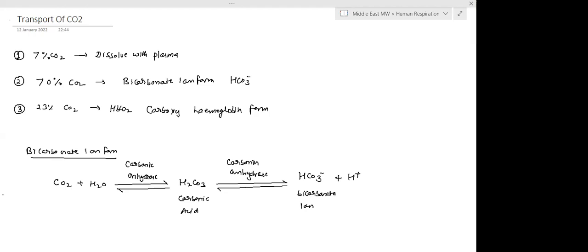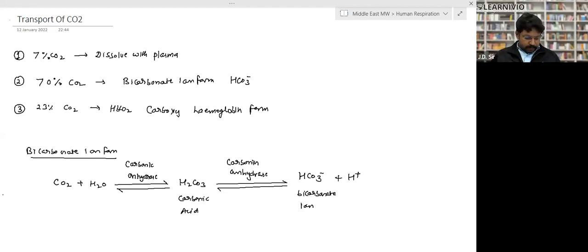H2CO3 is unstable and quickly dissociates into bicarbonate and hydrogen ion.